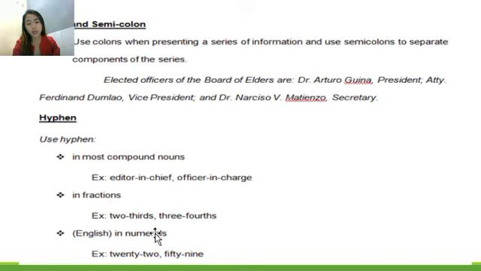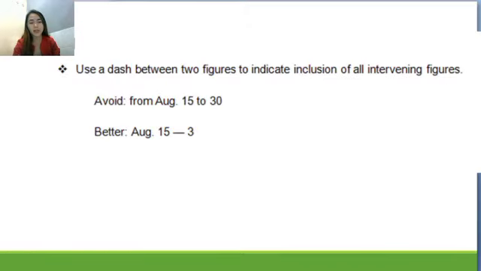And fractions then, 2/3, 3/4, in numerals, 22, 29, di ba? So those are basic naman yun talaga. And dash naman used between two figures to indicate inclusion, August 13-15. Avoid natin isulat yung two na words na yan if it's two figures, okay?